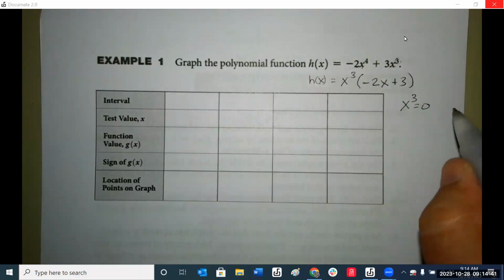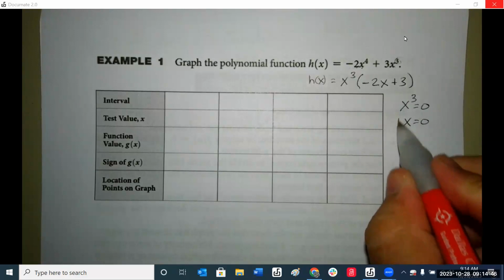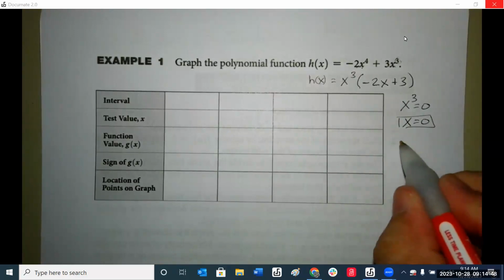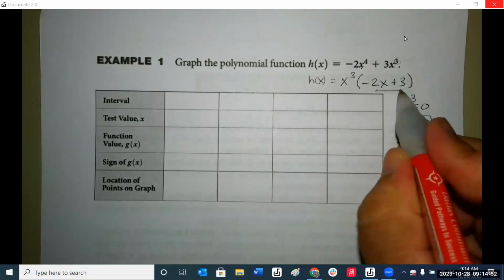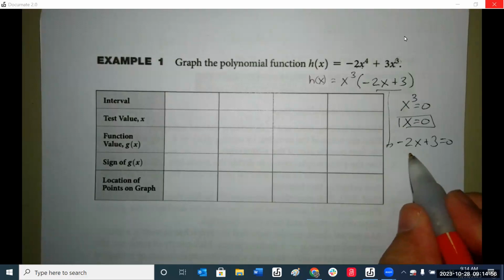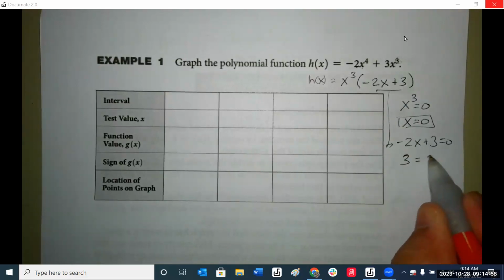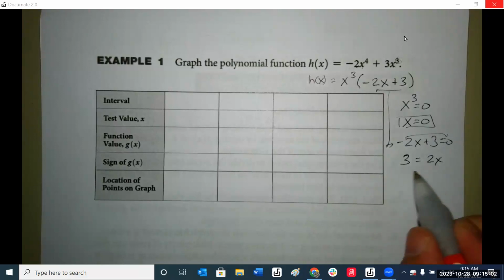So I set them all equal to 0. It's a monomial, so x is equal to 0. And -2x plus 3 equals 0. I set that equal to 0. Which is 3 equals 2x. I'll just move that one over since it's negative. So x is equal to 3 divided by 2.